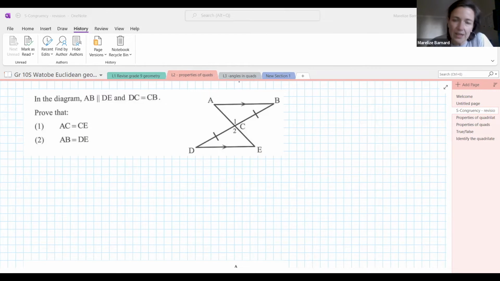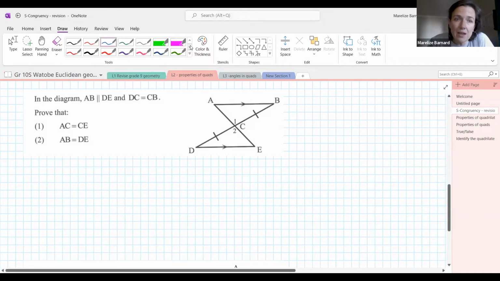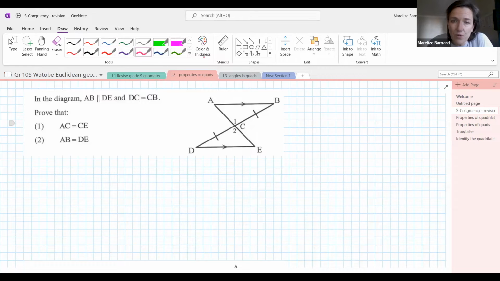What is given? Two sides that are equal, that's given. Perfect. Can we use that for a congruency proof? Maybe we can. The next thing that's given are these parallel lines. Parallel lines are also your friend because they give you angles that are equal. So if we do alternate angles here, we can say that angle ABC is equal to angle EDB.